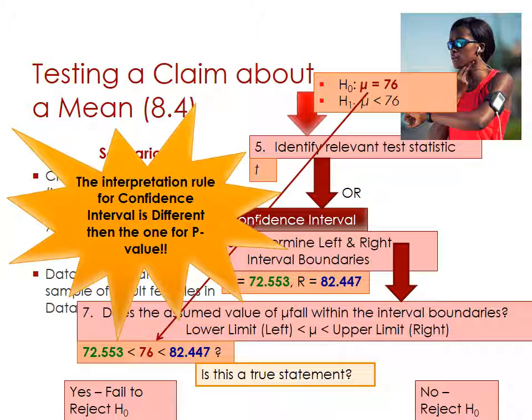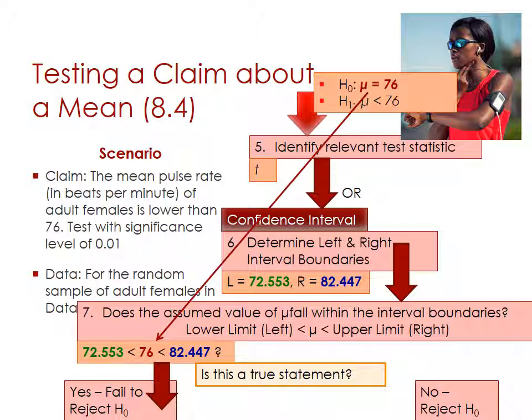So looking at this problem, we ask the question, does 76 fall within our two limits? Is it true to say that 72.553 is less than 76, and that 76 is less than 82.447? Yes, that is a true statement, which means that we in fact fail to reject the null hypothesis.